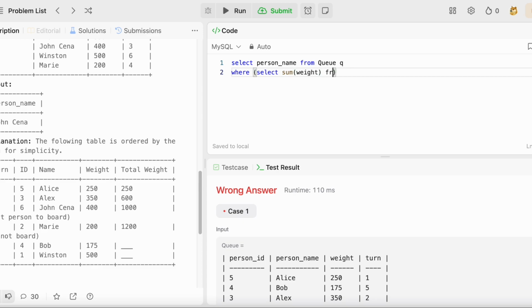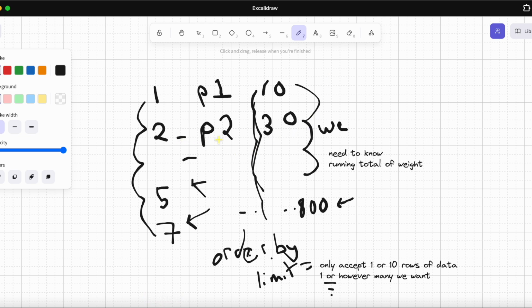Select sum(weight) from Queue where turn is less than or equal to Q.turn. So we're going to keep getting this aggregate total where the turn is less than or equal to the turn we're on. So if we're on turn 2, we're only concerned with turn numbers less than or equal to 2. If we're at turn 5, we're only concerned with turn numbers less than or equal to 5.